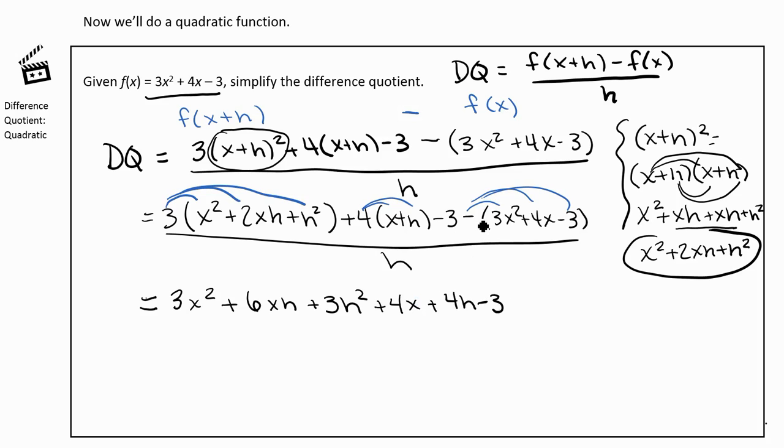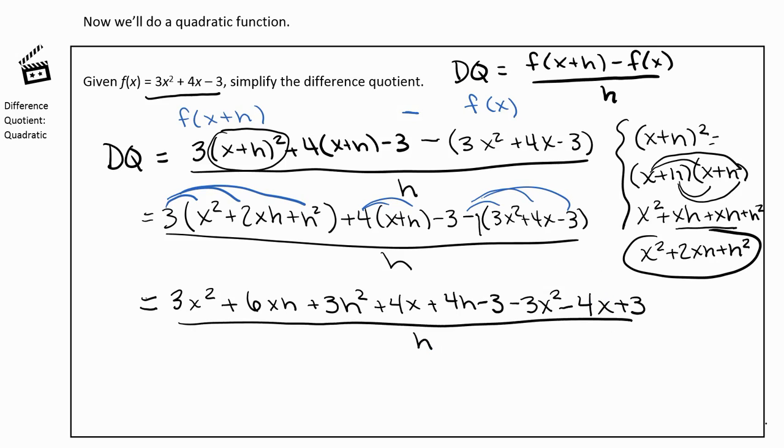And now we distribute this minus, which you can always think about as negative 1 if you want. So minus 1 times 3x squared is minus 3x squared. A minus 1 times 4x gives us minus 4x. And a minus 1 times negative 3 gives us a positive 3. All over h.